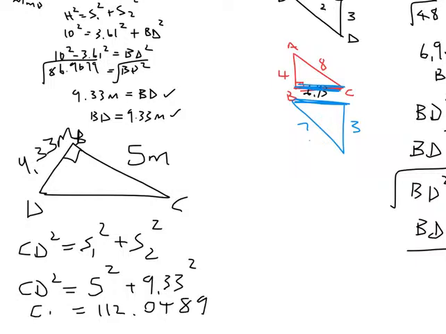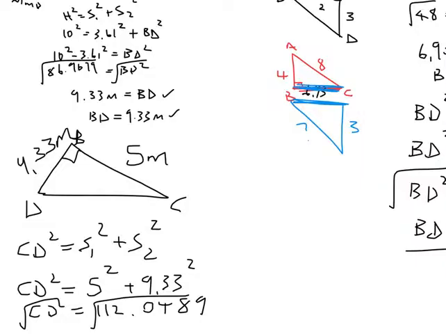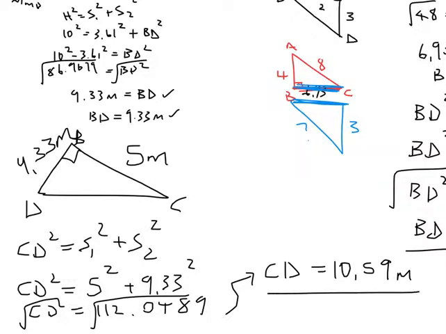And then remember, this is your CD squared, where you need to square root both sides. So CD is therefore equal to the square root of the answer, which is 10.59 if you round it to 2 decimal places, and that is in meters, because all that you have been given all along was in units of meters.